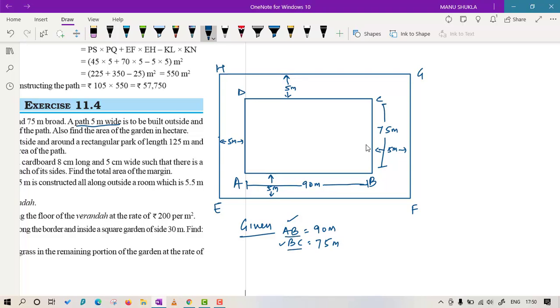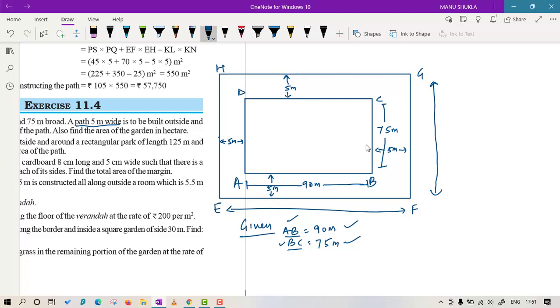So AB is 90, BC is 75. Now we have to think how we can use these two given things to find EF and FG, the length of the outside rectangle. Okay, so let's see the solution.